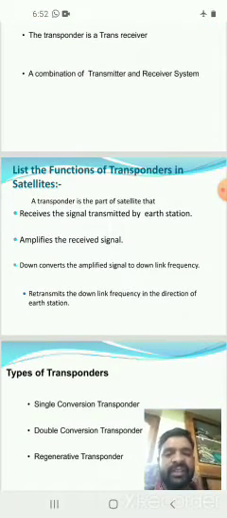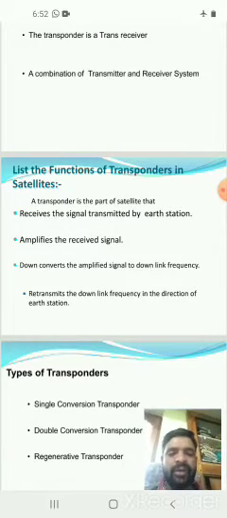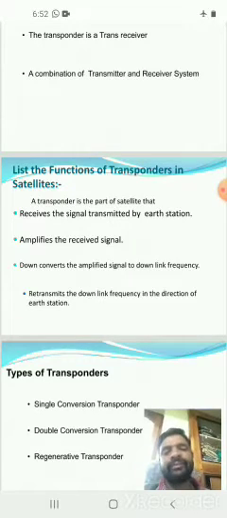List the functions of transponders in satellites. A transponder is the part of the satellite that receives the signals transmitted by the earth station, amplifies the received signals, down converts the amplified signal to the downlink frequency, and retransmits the downlink frequency in the direction of the earth station.